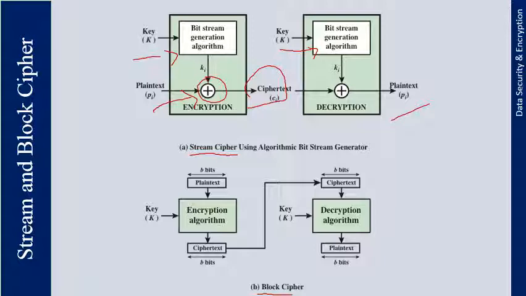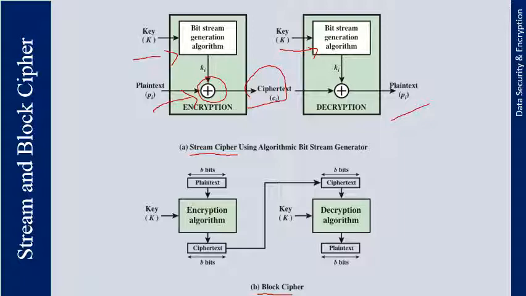On the other hand, if you are using a block cipher, you input the key to the encryption algorithm along with the plain text. But in this case, the plain text is not a series of bits, it is a block of bits.